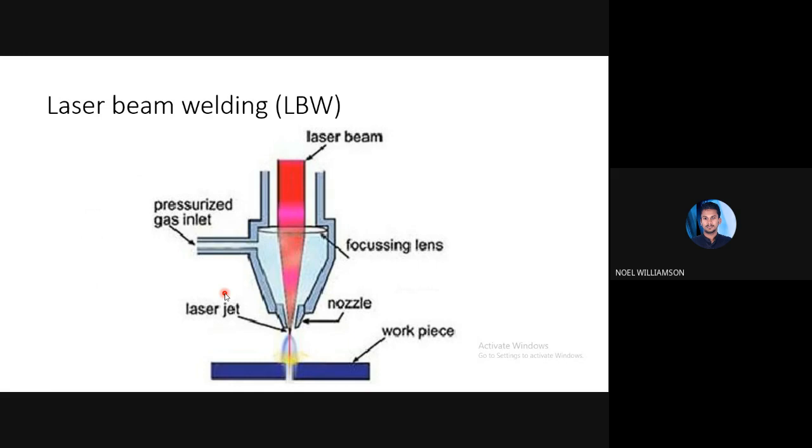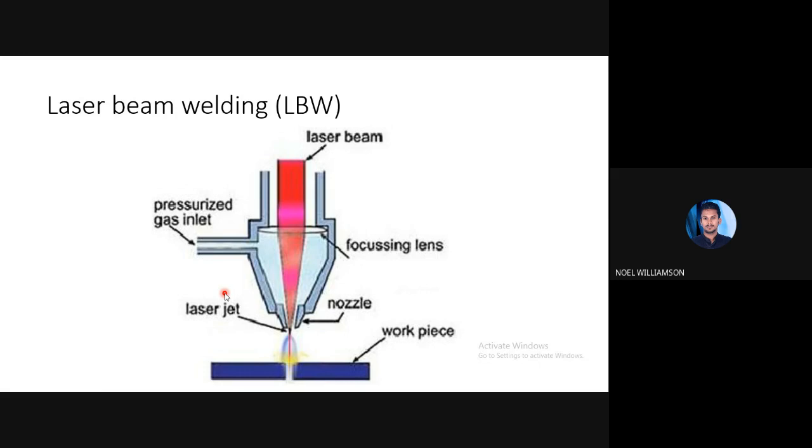So usually what is welding? Welding is nothing but the joining of two or more metals using the heat energy produced by laser. So the laser beam is focused to a particular point where the material is to be joined.